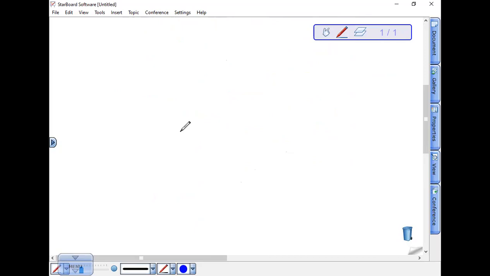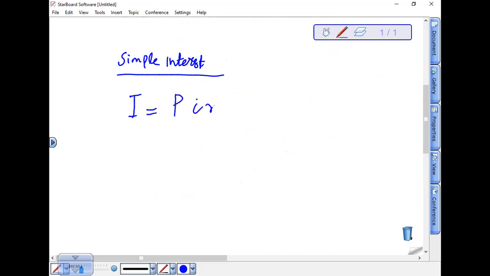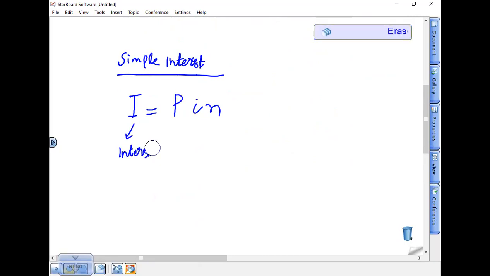The formula under simple interest to calculate the amount of interest is as under. Here we have I = PIN. The capital I denotes the amount of interest, which is basically the income earned on your investment.